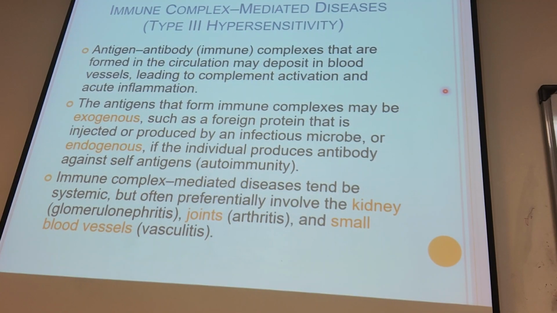And the immune complexes are eager to deposit in some certain parts of the body: the vessels, the joints, and the kidneys. Somewhere in which filtration occurs, filtration of fluid, for example, in kidneys and joints, and in vessels because they are circulating in the body.